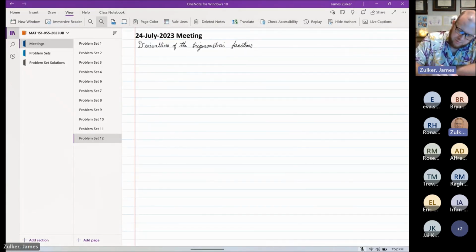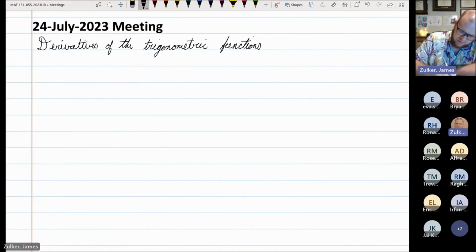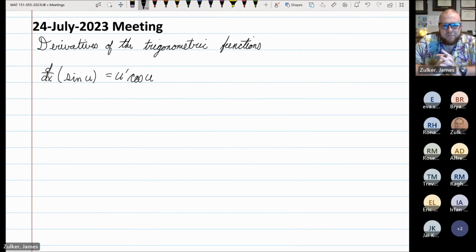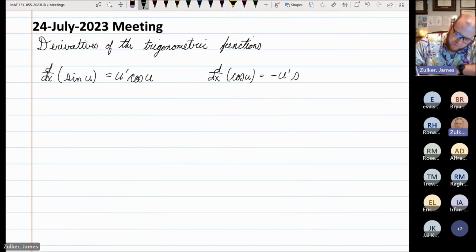Derivative of sine of u with respect to x. U prime times the cosine of u. Derivative of cosine of u. Negative u prime times the sine of u.